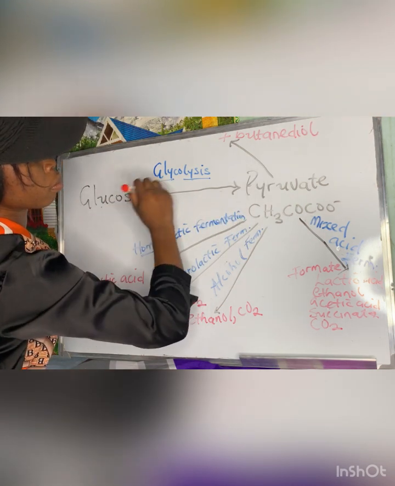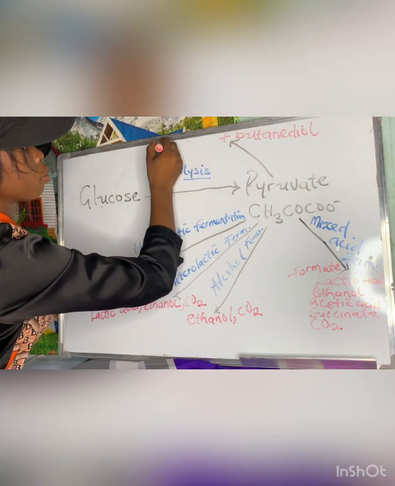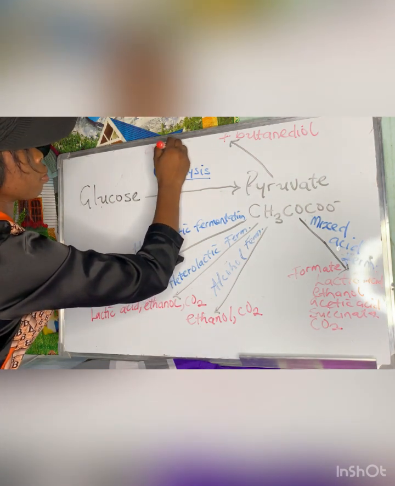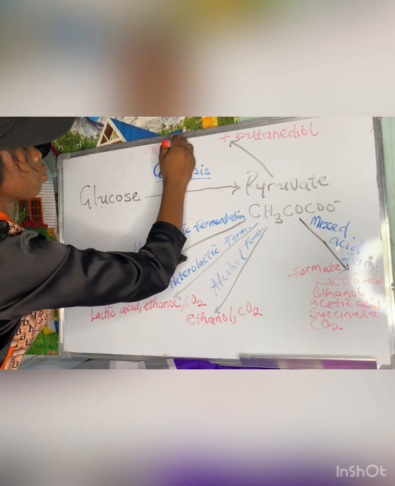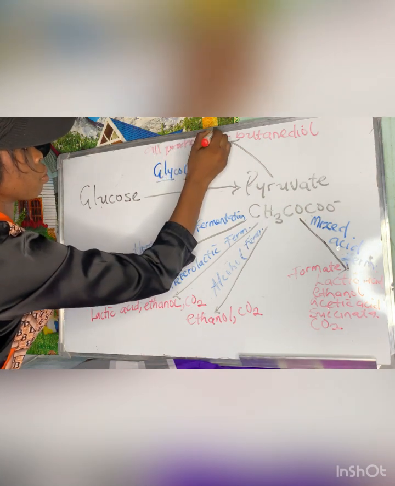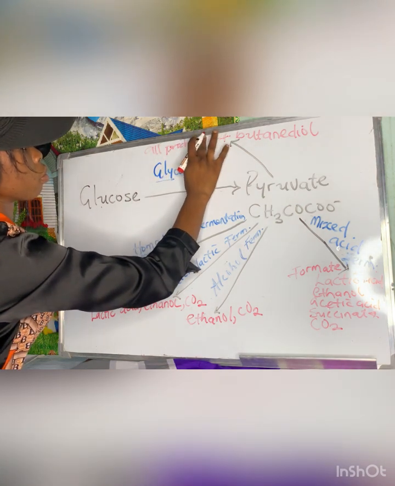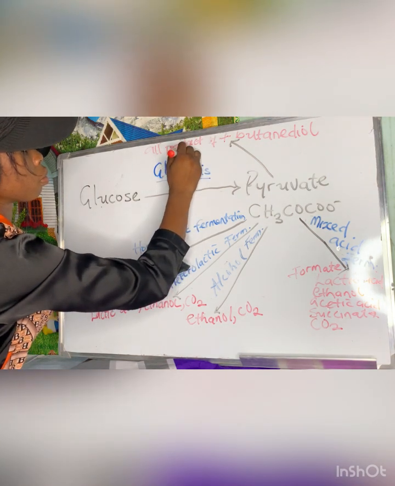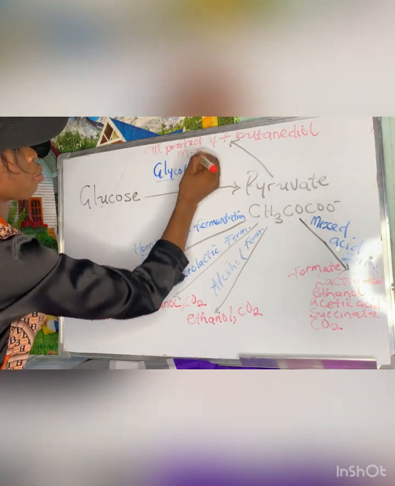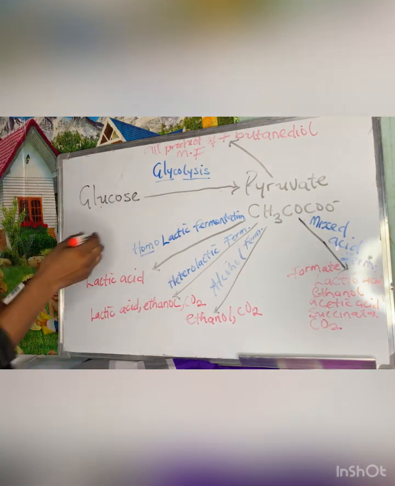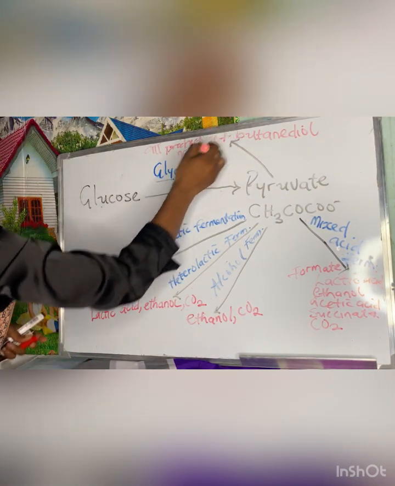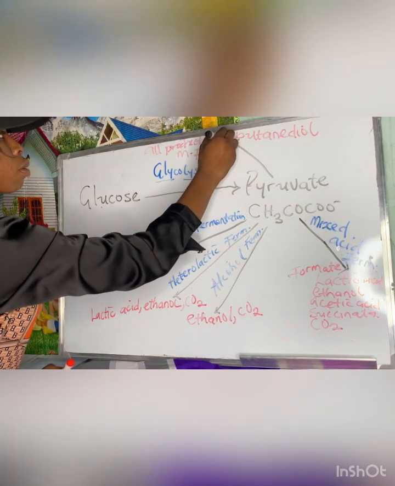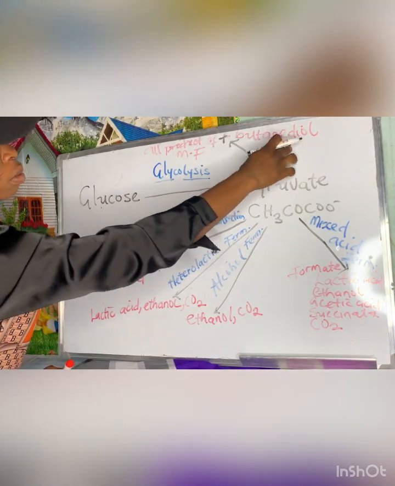So after synthesizing, it has the same products as mixed acid fermentation, like you can see me writing, plus butanediol. Now this MF is an abbreviation meaning mixed acid fermentation. So all the products of mixed acid fermentation, then plus butanediol.